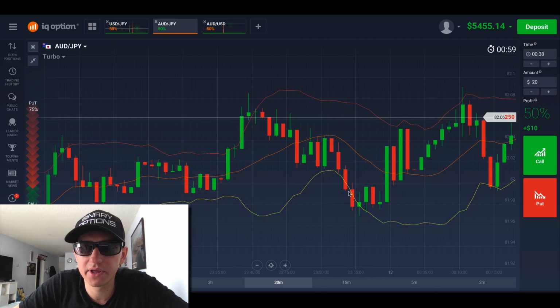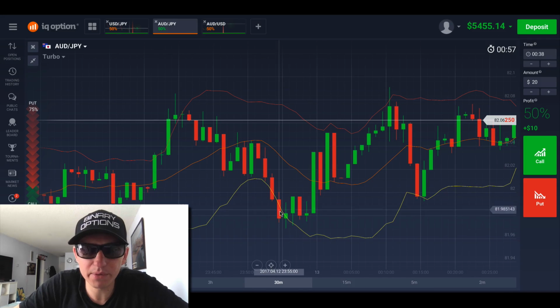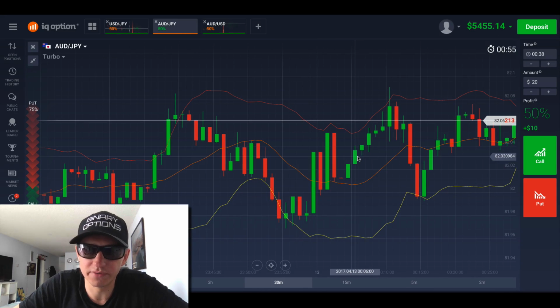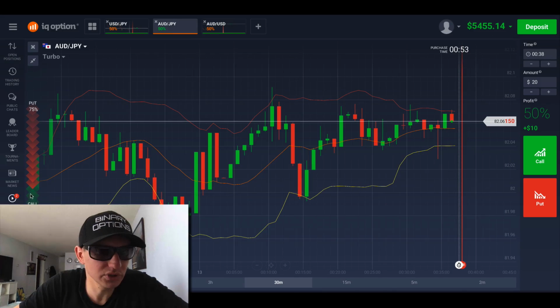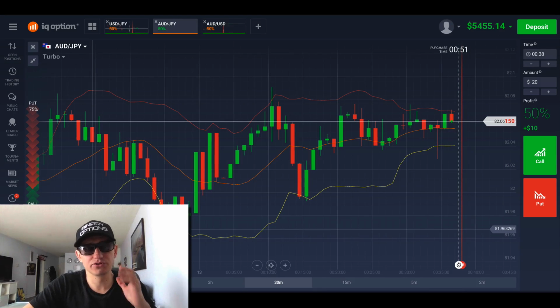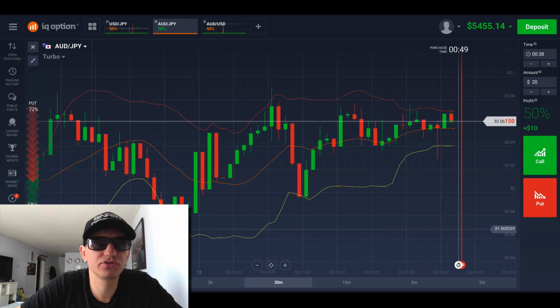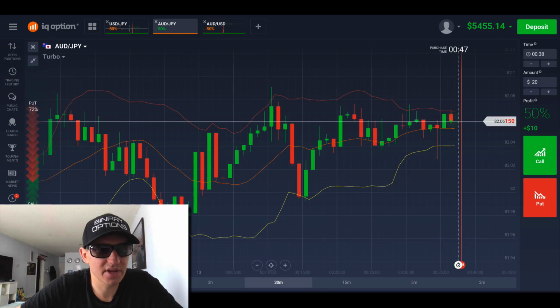And the same thing, if there is the breach of the lower band, the price should eventually start going up. There are two more indicators that I wanted to cover in this session.